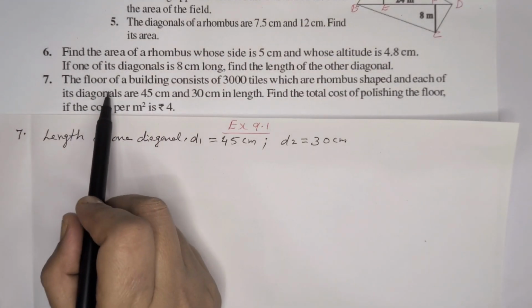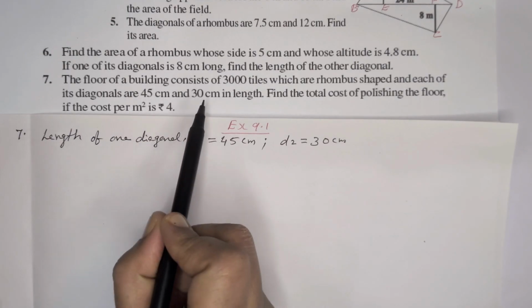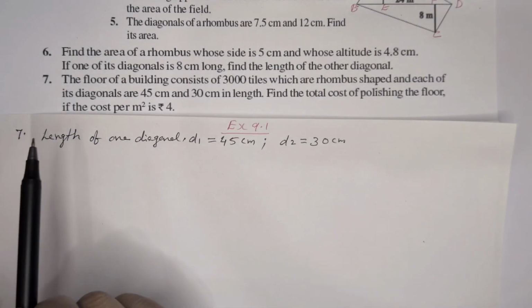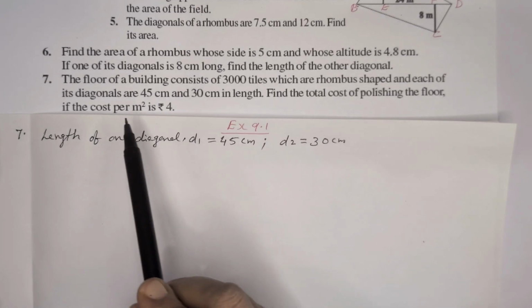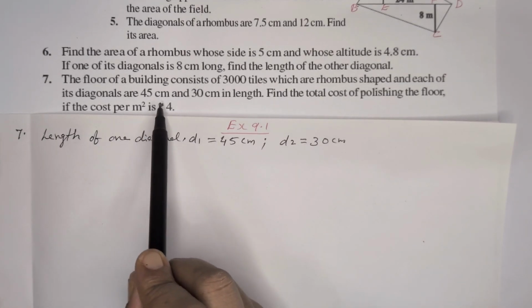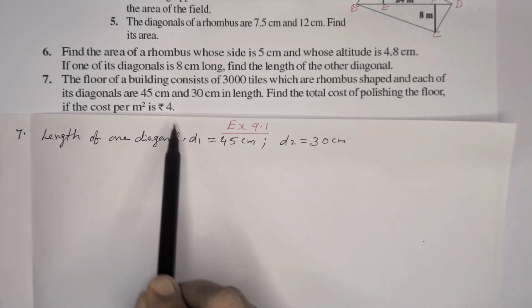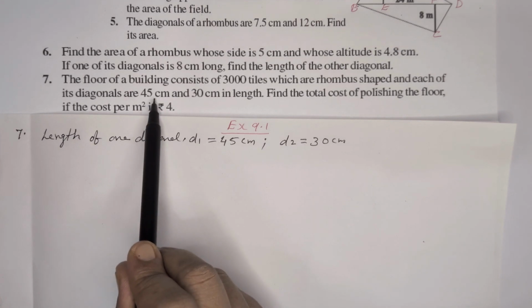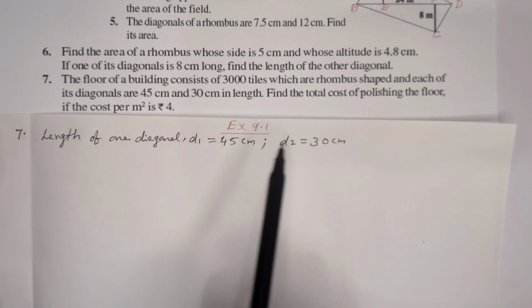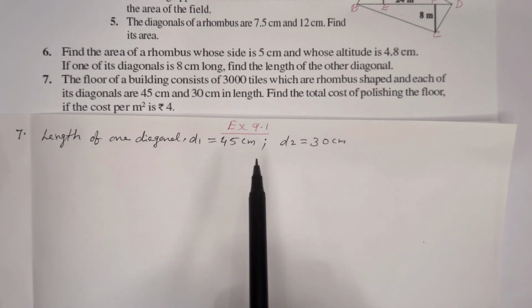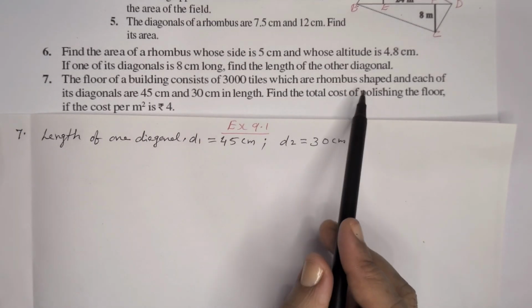Question number 7. The floor of a building consists of 3000 tiles which are rhombus shaped, and each one of its diagonals of the rhombus are here given. D1 we can take as 45 centimeter and D2 is equal to 30 centimeter. So both the diagonals are there and the tile is in rhombus shape.